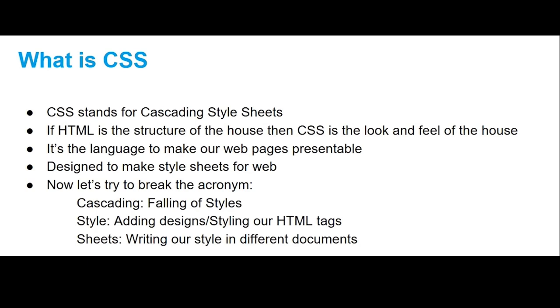So there are separate sheets that you have to maintain, one for HTML, one for CSS, and if you want to include some JavaScript, you add it in a different sheet. So this is what separation of concerns means. If you want to do something related to structure, do it in a different sheet. If you want to do something related to styling, do it in a different sheet. That is a CSS sheet. So this is what a sheet means.